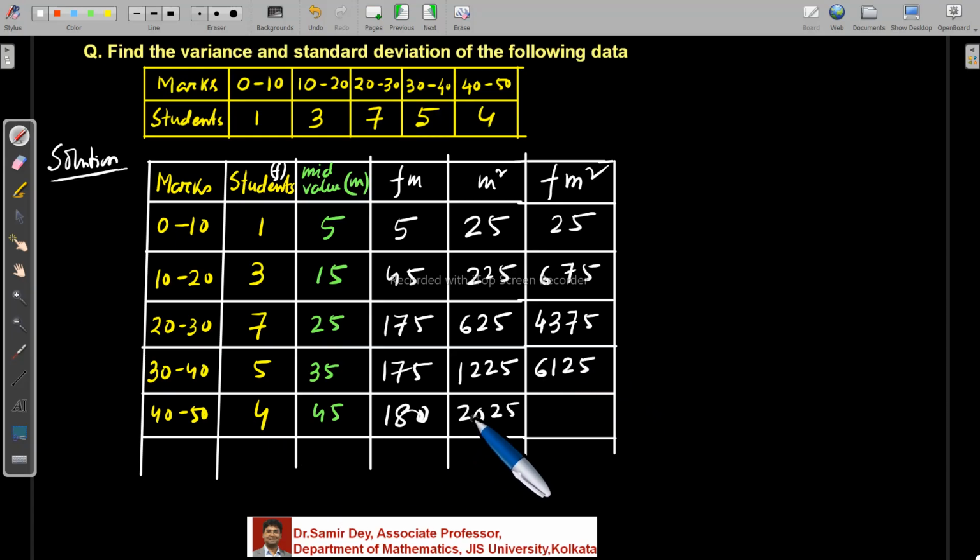Now 4 into 2025 is 8100. Is it clear to all of you?